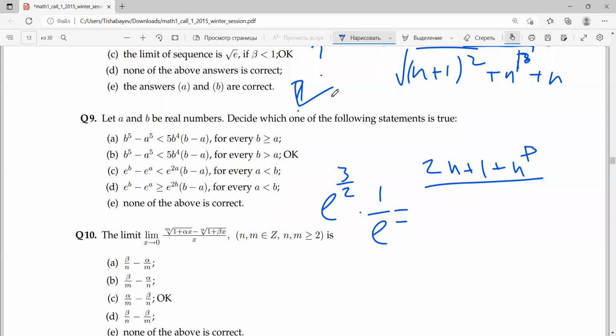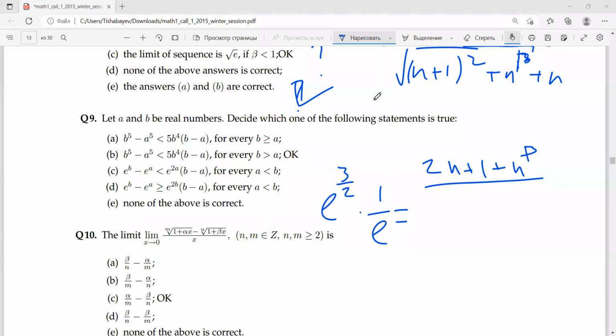We need to check each inequality and find the correct one. You can use the derivative here.